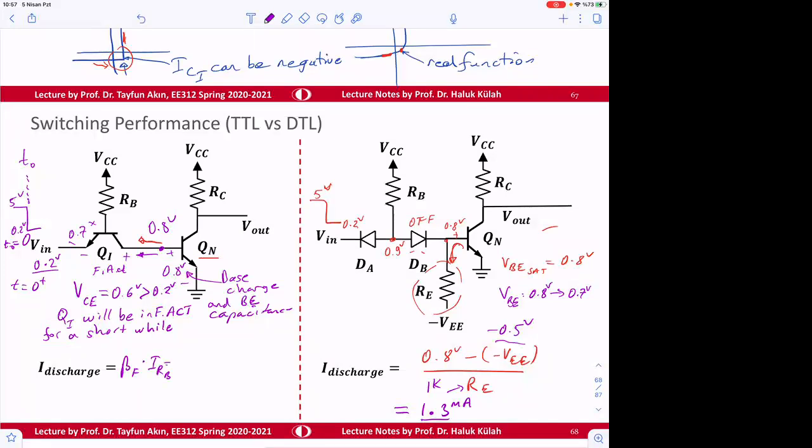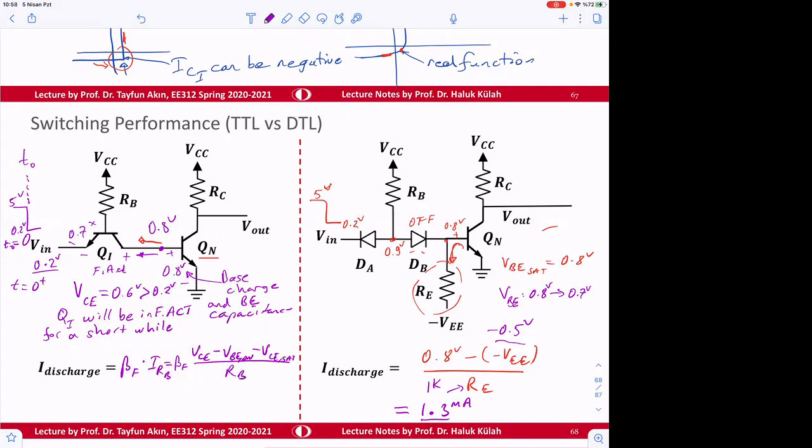And let's say this one is beta F times... How can we calculate that? That's going to be calculated from here, maybe VCC minus VBE on minus VCE SAT divided by RB.